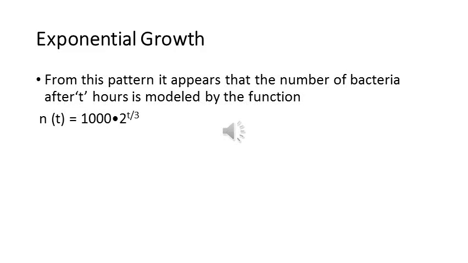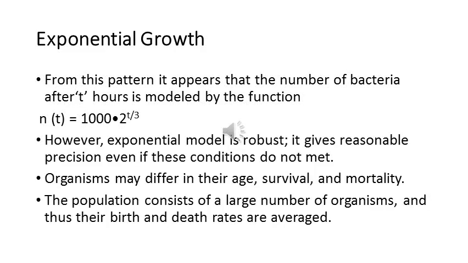exponential growth factor. In spite of all these assumptions of ideal conditions, the exponential model is robust in this regard, that it gives reasonable precision even if the ideal conditions are not met. As we all know, organisms may differ in their age, survival rate, and mortality.